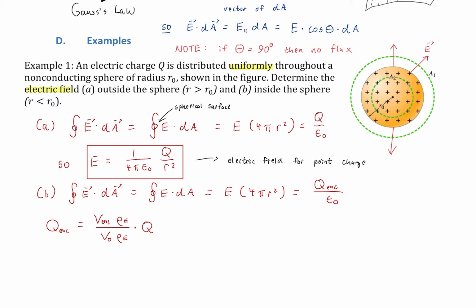So that means our enclosed charge is equal to a ratio of volume and distribution of charge, divided by volume and distribution of charge for the whole sphere. So this is a ratio, because the idea here is that this is just the volume and the distribution of charge.